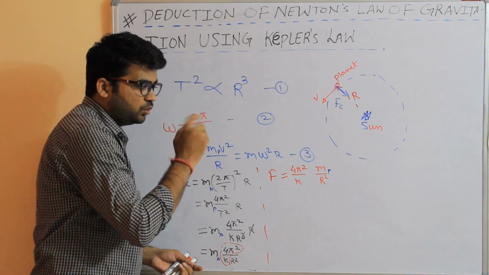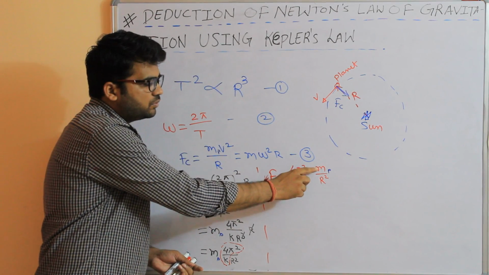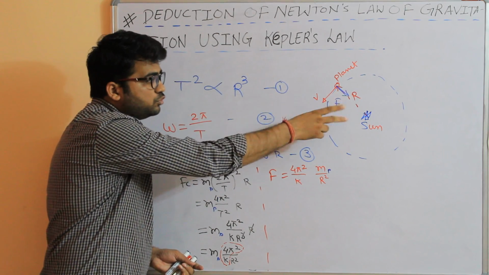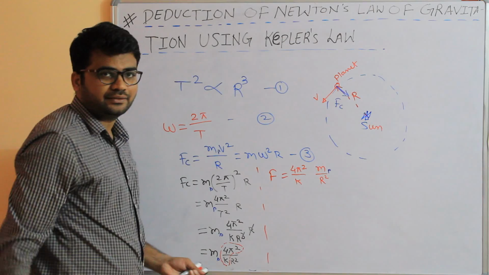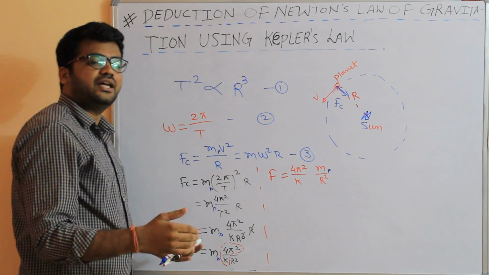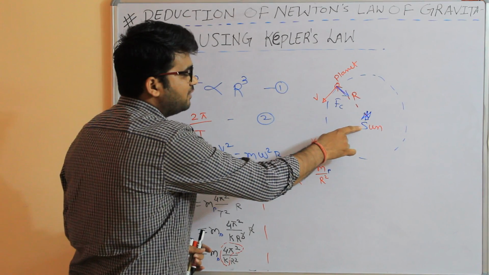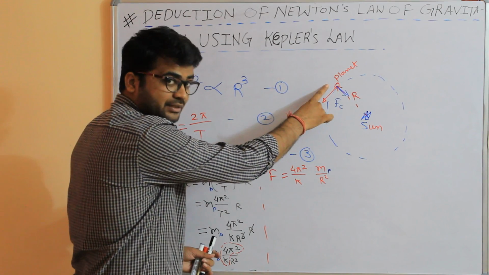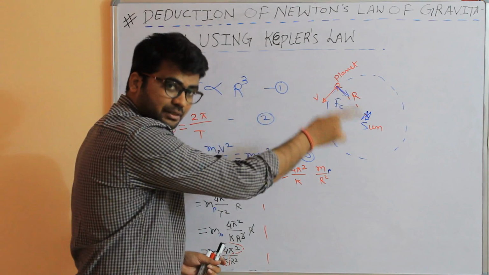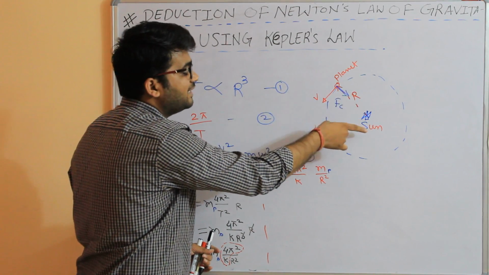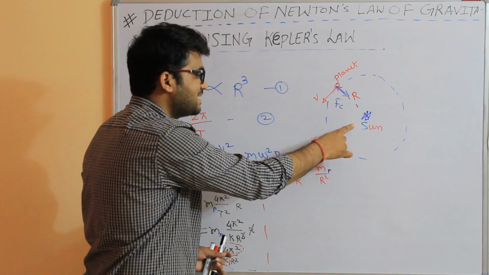And Newton knows that the force is directly proportional to the mass of the planet, and the force is mutual between the sun and the planet. Newton's third law: every action has an equal and opposite reaction. So if the sun is providing force on this planet, that force is directly proportional to the mass of the planet, and this planet is providing the same force on this sun.